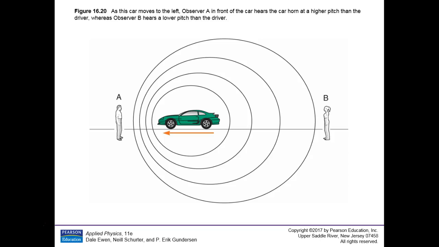The person in the car is hearing the actual pitch because he's in the car. This one, however, the gal over here, is hearing a lower pitch because the car is moving away from her. This wave front gets to her, and by the time this one gets to her, the car has moved this way, so it's further away. So this is a lower pitch that she hears, a higher pitch that he hears, and the actual pitch is what the person in the car hears. That's what the Doppler effect does.